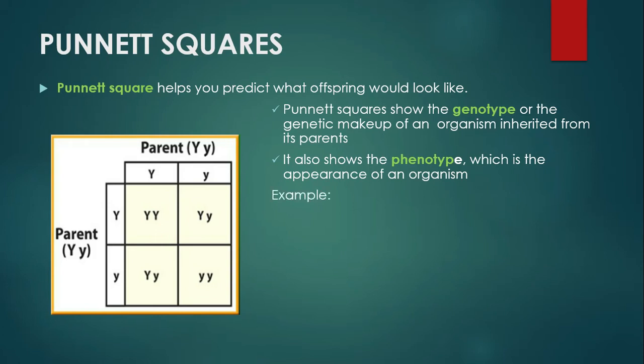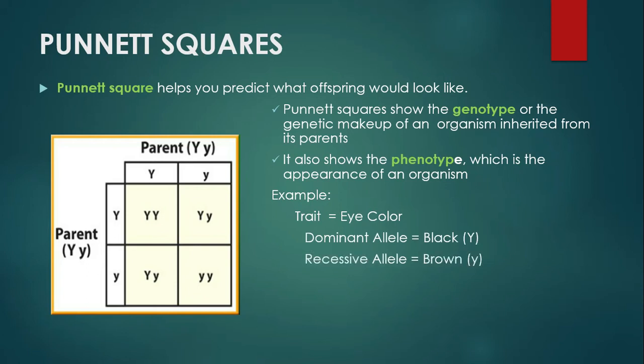So again, I will take our example of color as our trait, where the dominant allele, written in capital letter Y, is black and the recessive allele, written in small letter y, is brown. Now, I have written the genotype as 25% homozygous dominant, 50% heterozygous, and 25% homozygous recessive.